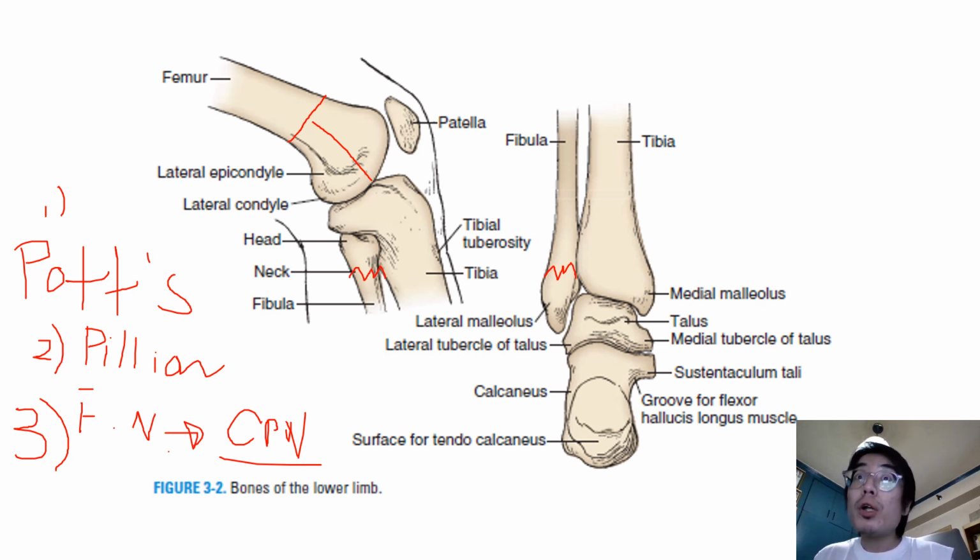The net result is dorsiflexion and eversion of the foot, which is described as a foot drop. Fracture of the fibular neck can compromise the common peroneal nerve, eventually causing foot drop.